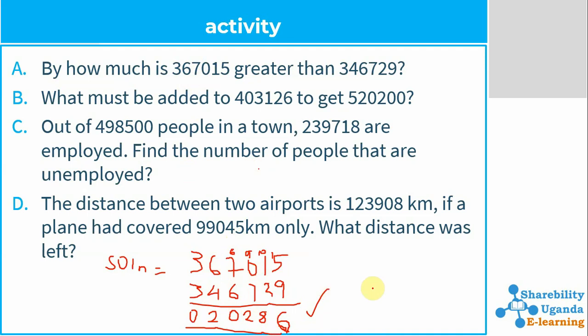Then we can also move on to another question, where they are saying, what must be added to 403,126 to get 502,520?